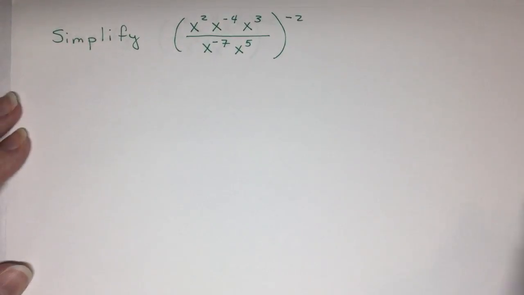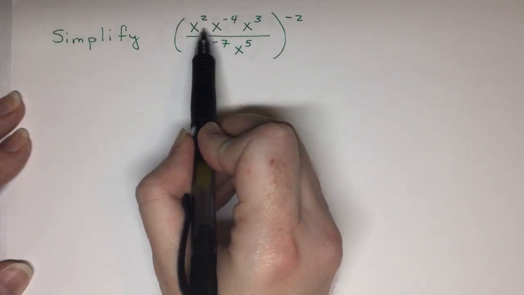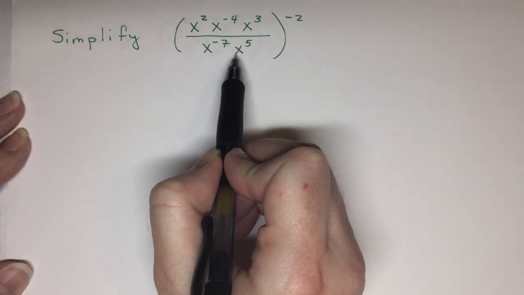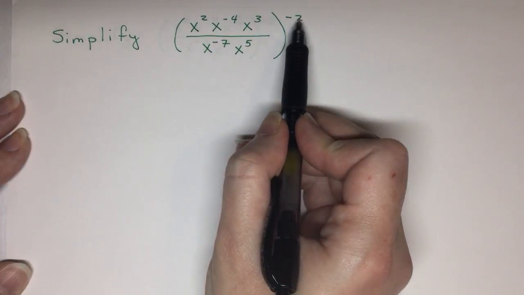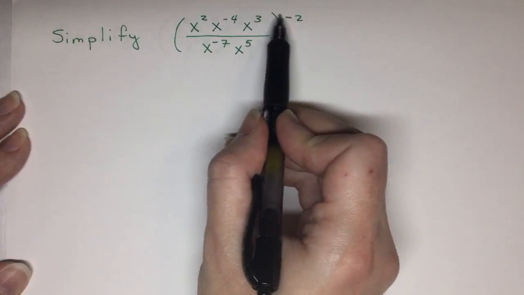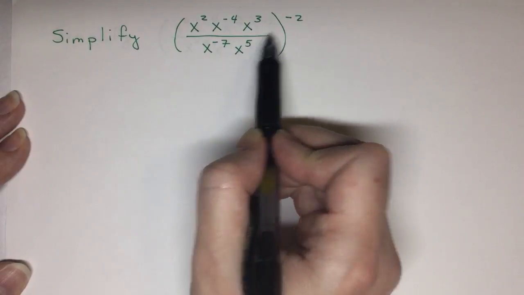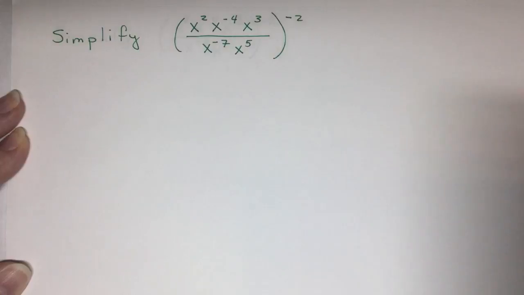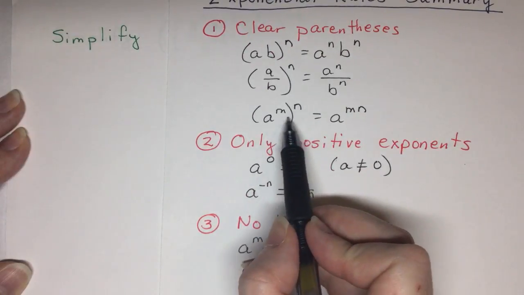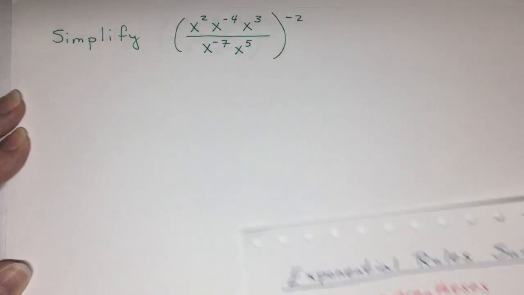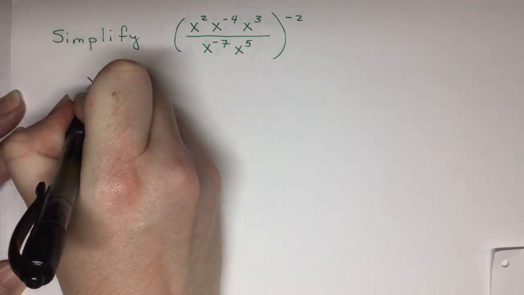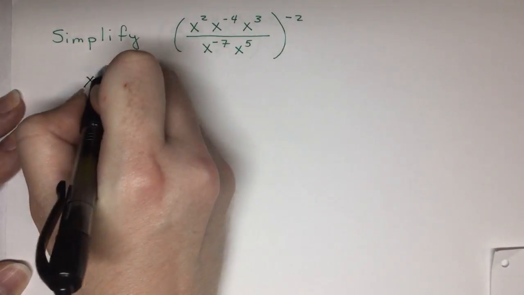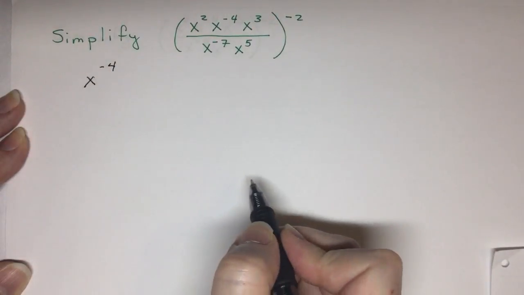Now, inside the parentheses, I only have multiplication and division. Exponents distribute over multiplication and over division, and when I do that distribution, I multiply my powers. So, this will be x to the 2 times negative 2, negative 4.